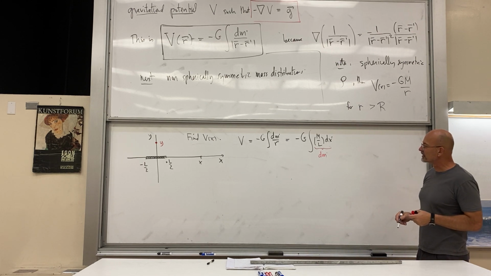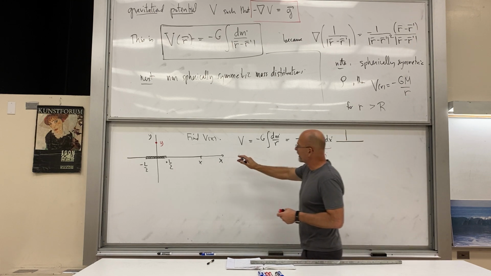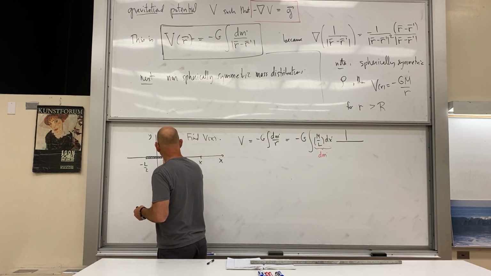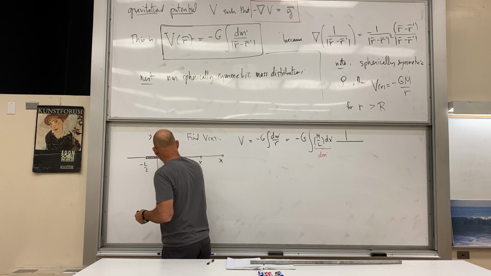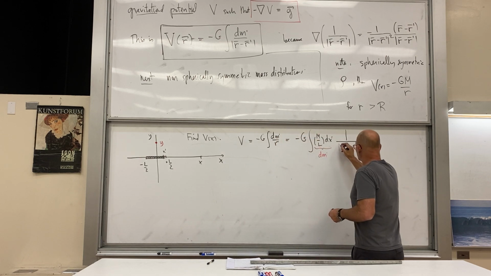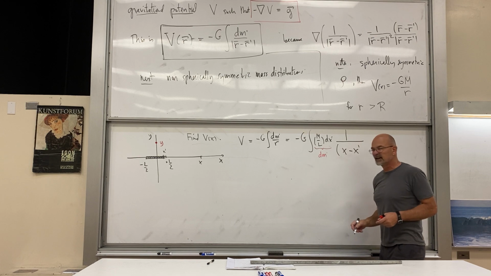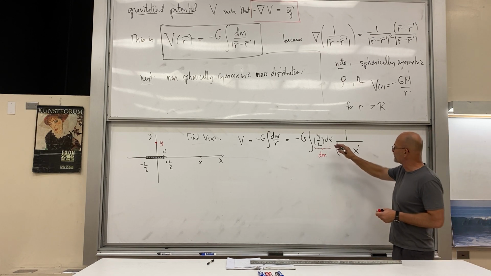And now what are we integrating? We're integrating, since we're just going on the right side here, x minus x prime. So there's an x prime here somewhere. So it's magnitude x minus x prime, but I've constructed it so I don't have any minus signs or absolute values.